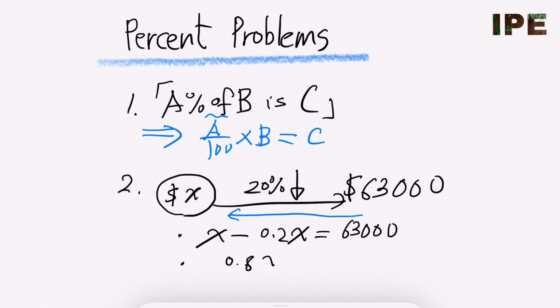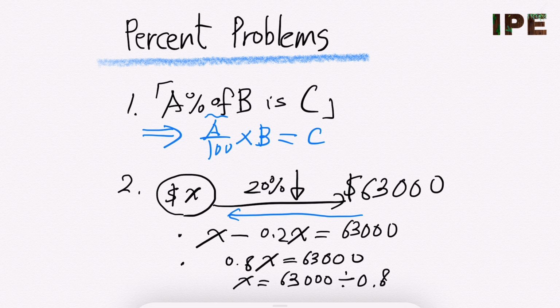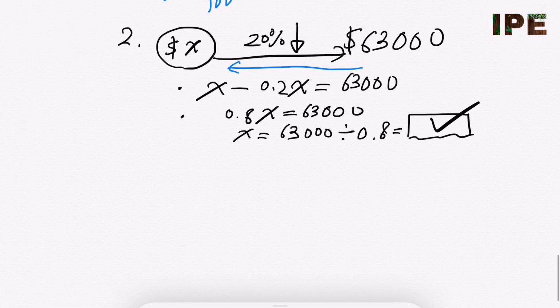So 0.8X is equal to $63,000. And then find X. Yeah, it is easy, right? $63,000 divided by 0.8. You can use a calculator to find this. Boom.